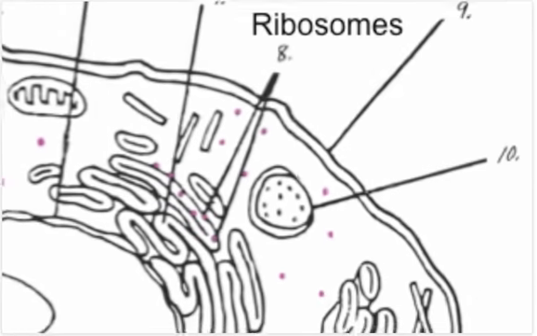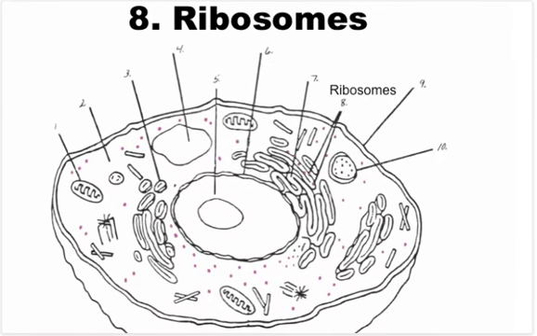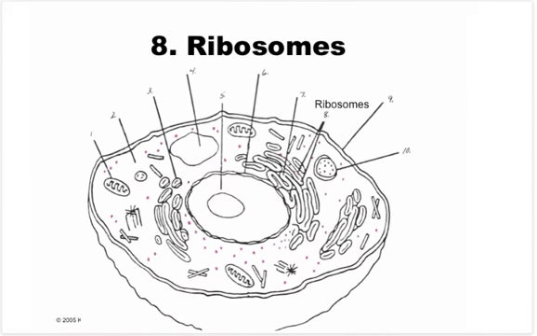Some of the endoplasmic reticulum is what we call smooth endoplasmic reticulum, where it does not have ribosomes, and then some of this endoplasmic reticulum is rough endoplasmic reticulum, which is the ones with the ribosomes on it. And then, of course, all the ribosomes within the cytoplasm. I colored mine a darker pink than the cytoplasm itself.